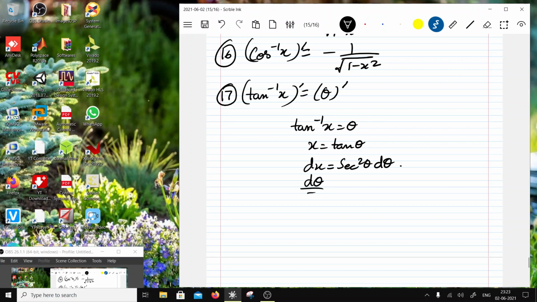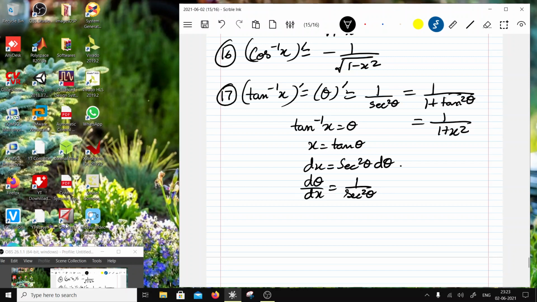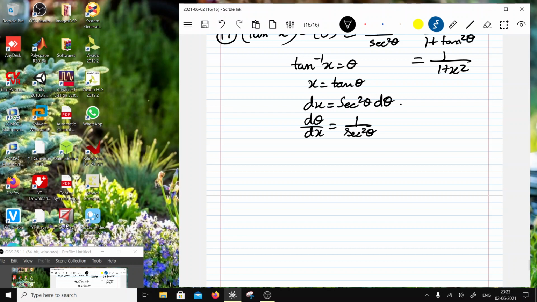And then d theta by dx is equal to 1 over sec square theta, right? Which can be written as 1 over 1 plus tan square theta. So this can be written as 1 over 1 plus x square, correct?